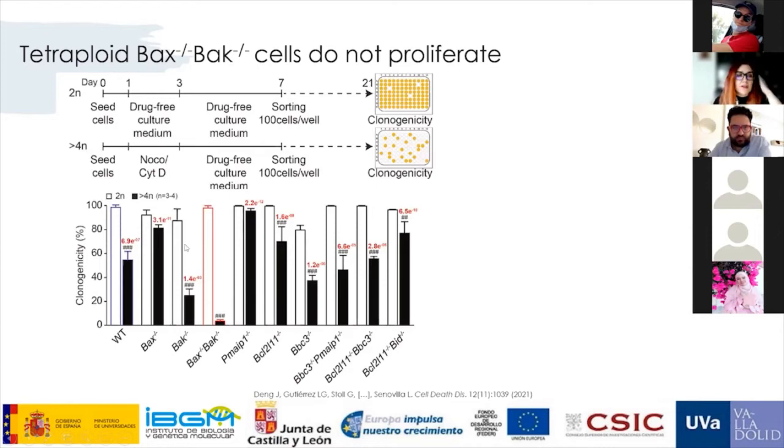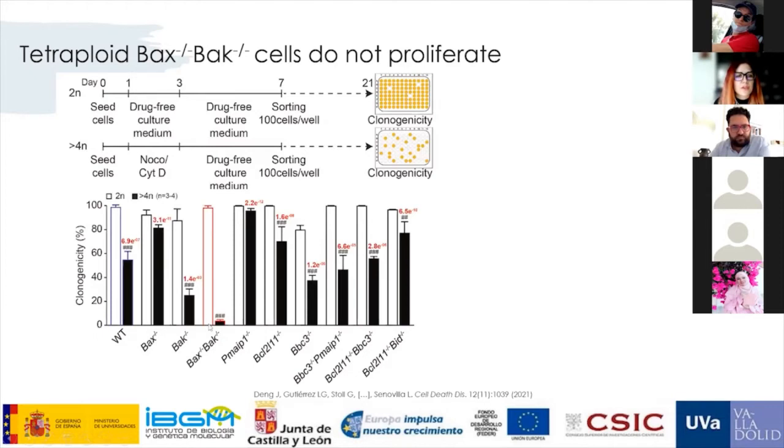And we observed that in the case of Bax KO cells, we have more tetraploid clonogenicity, and this is coherent with the previous results obtained in the laboratory of Guido Kroemer, in which they observed that the absence of Bax favors the appearance of tetraploid cells.